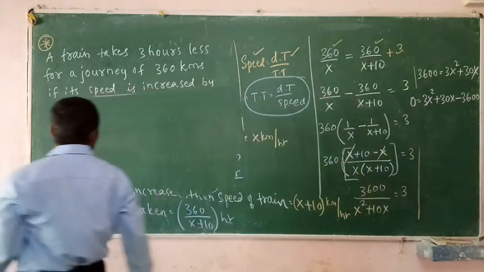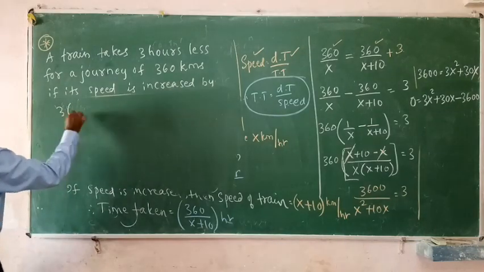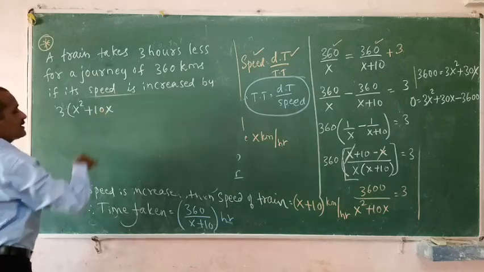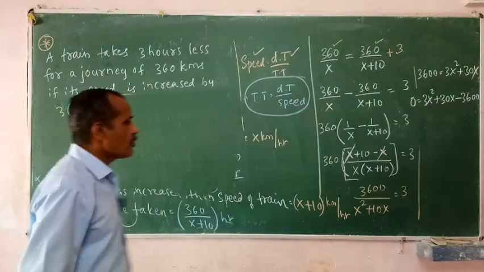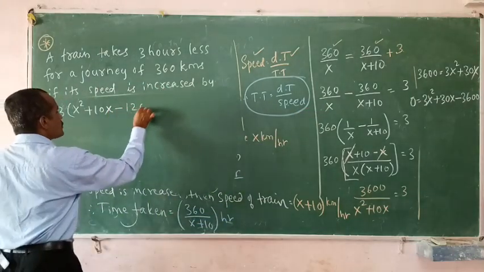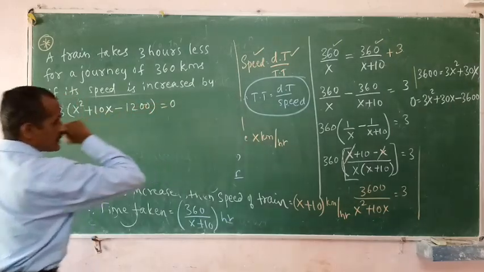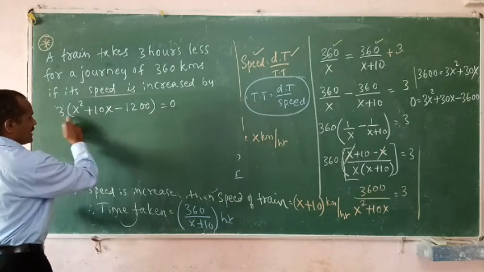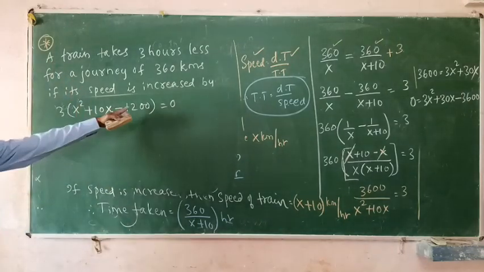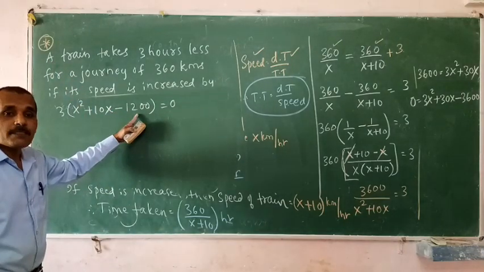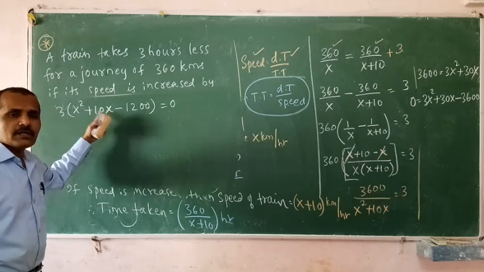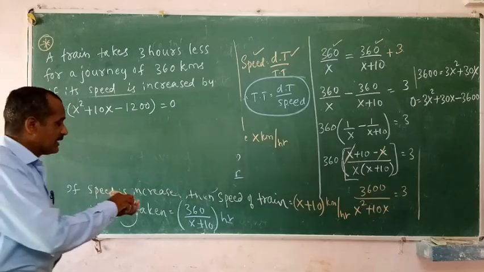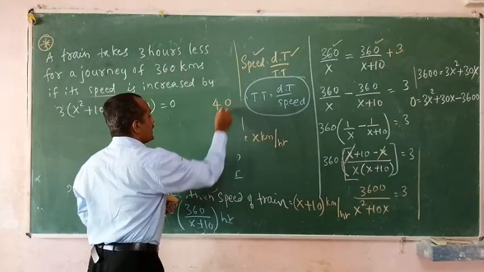Okay. What can I write now? I will take 3 as common into bracket: x square plus 10x minus 1200 is equal to 0. 3 will go here. Multiply to 1200 and subtract 10, the middle terms are 40 and 30.